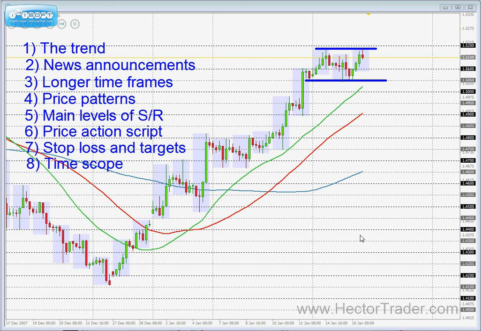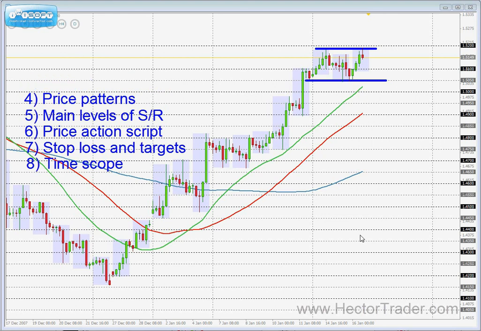So, to wrap it up very quickly, you want to take note of the trend, whether there is any news announcement for the day, what's going on in the longer time frames, is there any price pattern I recognize, where are my key levels of support and resistance.